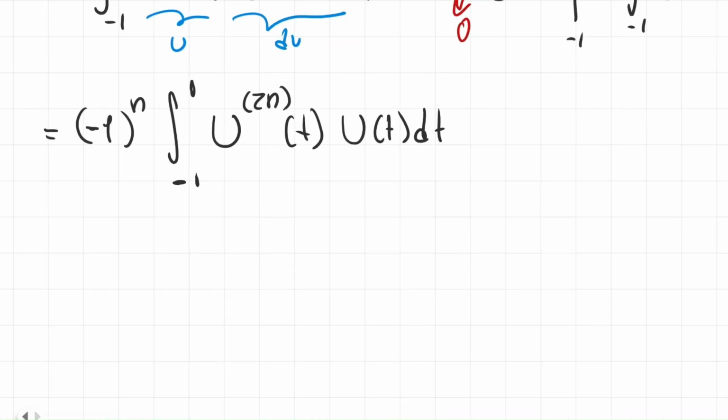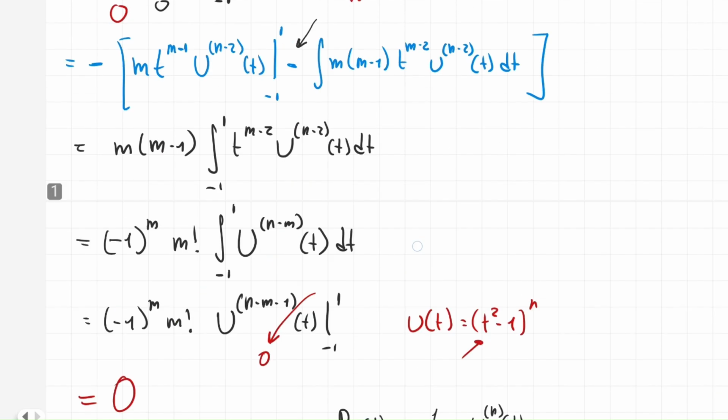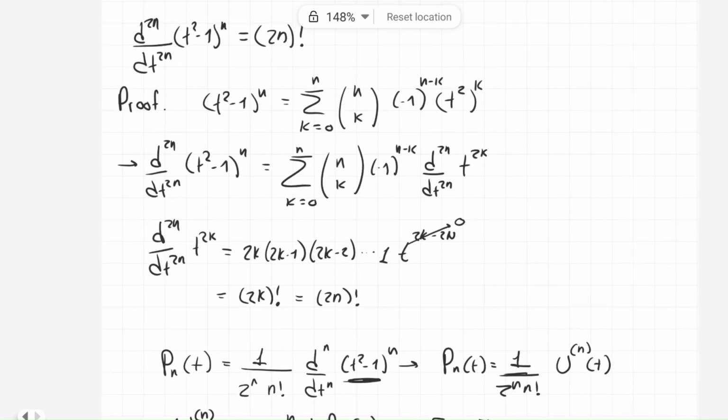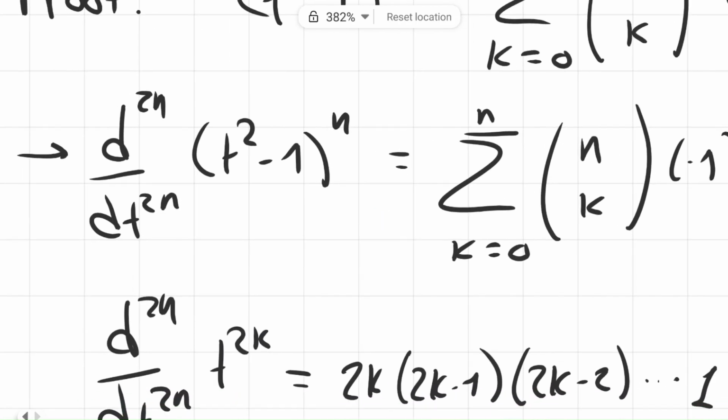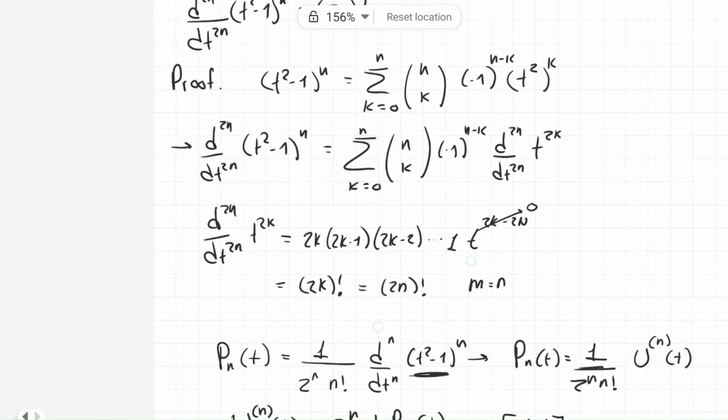Okay, and here is where we are going to use the result that we found at the beginning of the lesson. We showed that the 2n derivative with respect to t of t squared minus 1 to the n, well, it is just equal to 2n factorial, where m is equal to n, right?